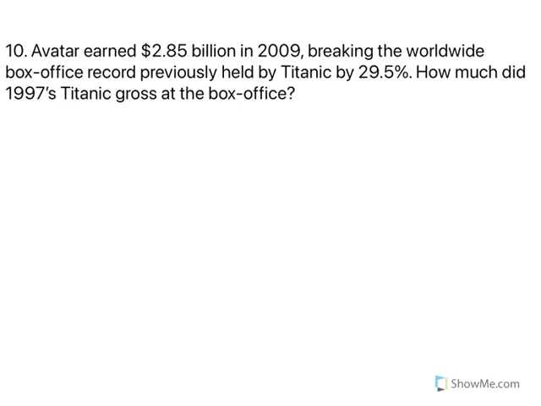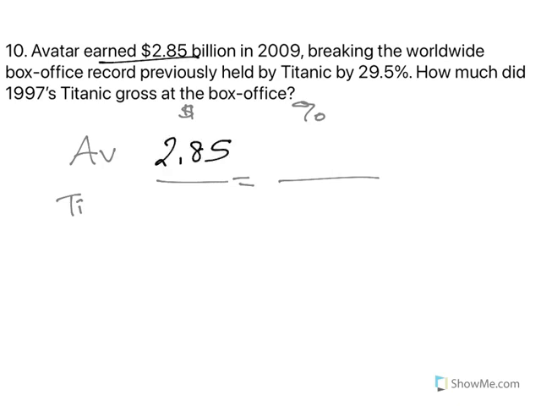And number 10, Avatar, great movie, earned $2.85 billion in 2009, breaking the worldwide box office record previously held by Titanic, also a decent movie, by 29.5%. How much did 1997's Titanic gross at the box office? We are comparing Avatar to Titanic. We're talking about money versus percent. What do we know? Avatar earned $2.85 billion, breaking the worldwide record held by Titanic. So that means Avatar is more than Titanic by 29.5%.